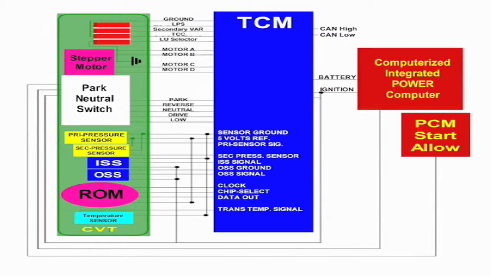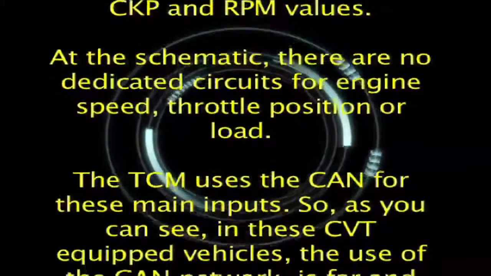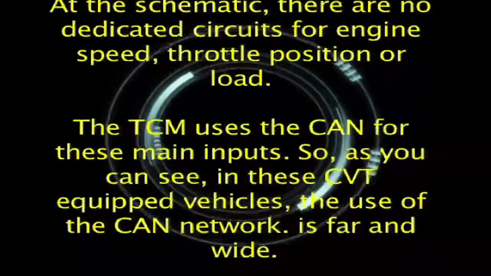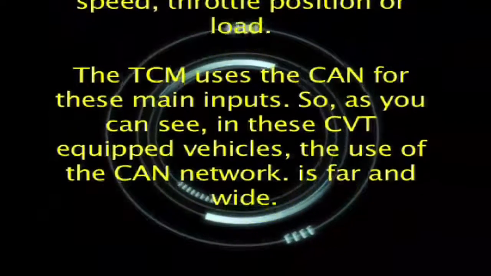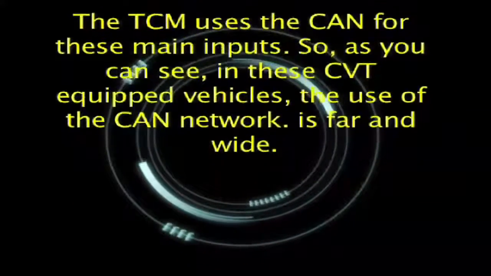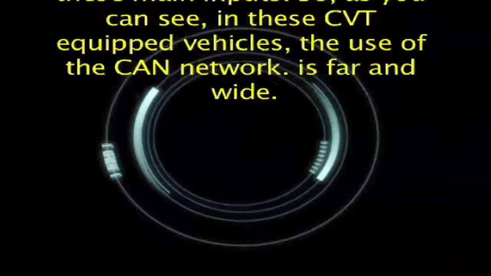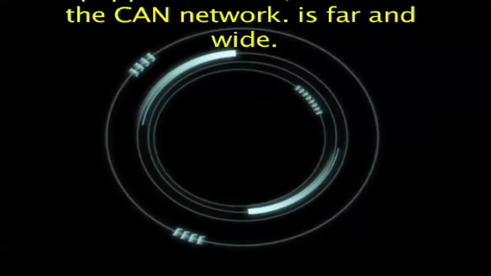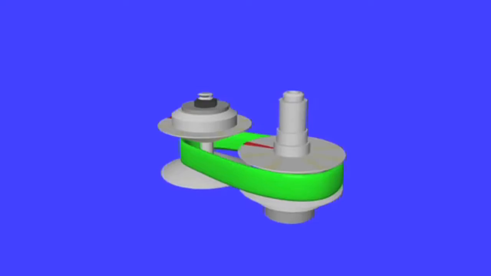At the schematic, there are no dedicated circuits for engine speed, throttle position or load. The TCM uses the CAN for these main inputs. So, as you can see, in these CVT-equipped vehicles, the use of the CAN network is far and wide.